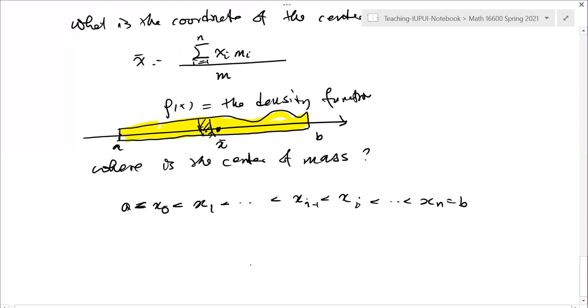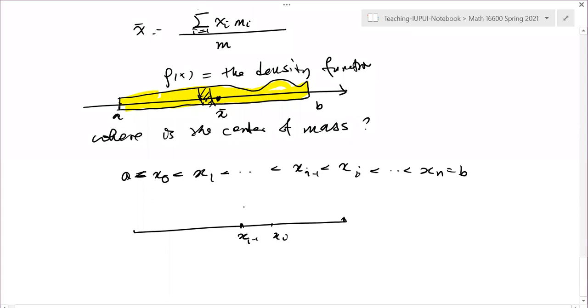At this point, let me go back to here. This is the point x(i-1), xi. So you chop off that piece. The ith piece is this one, right?